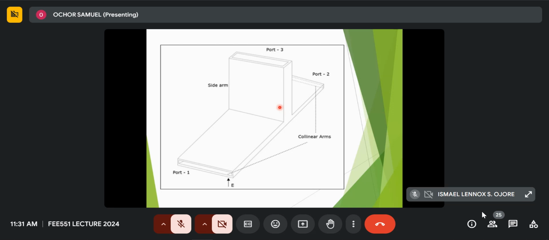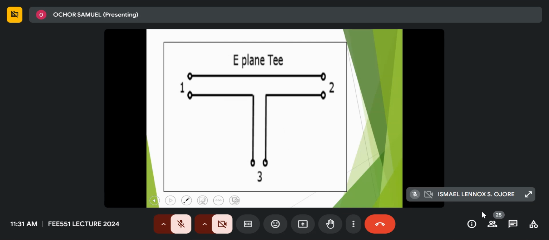Now, next slide. This one is the same E-plane T, now drawn in 2 dimensions to show how it looks. You can see port 1 and port 2 was the main waveguide we had, and then port 3 is the side arm that is added.